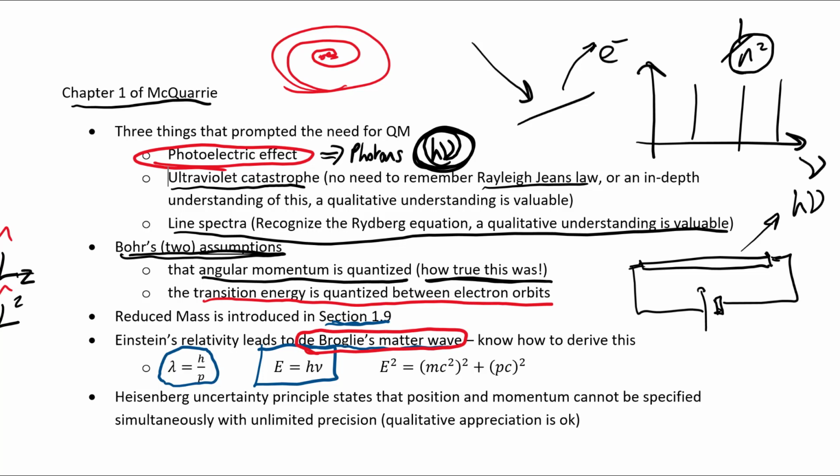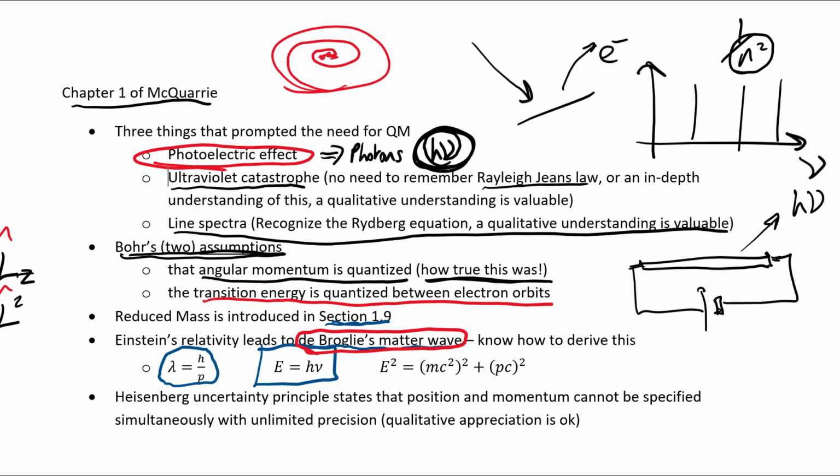So maybe matter acts like waves, just like light acts like particles. That de Broglie matter wave led to the involvement of Schrodinger, who was a waves expert, and that's really how quantum mechanics was developed.